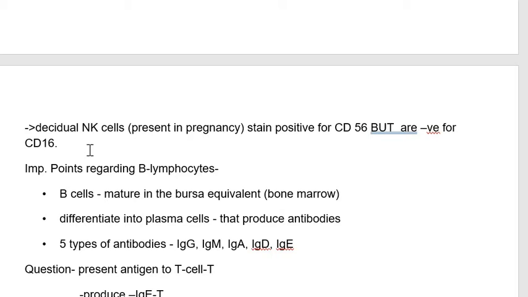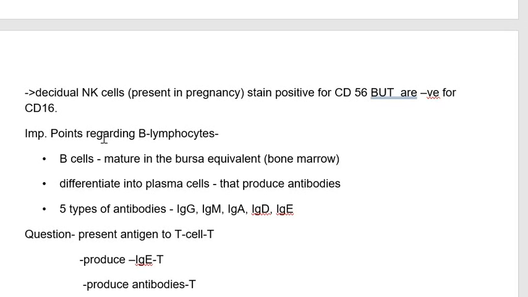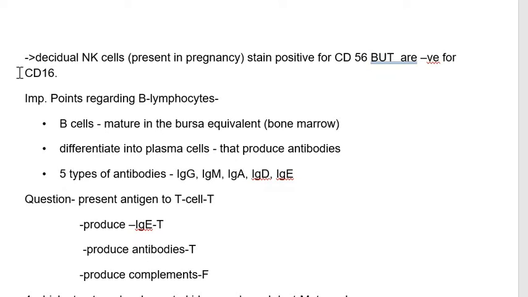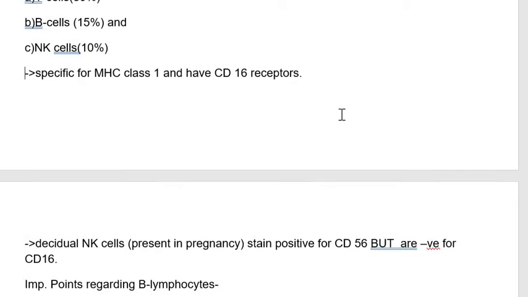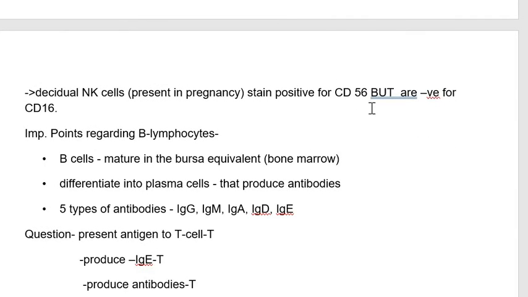And decidual natural killer cells, they are present in pregnancy, and they stain positive for CD56, but they are negative for CD16. So important points, they will give you either CD16 or these numbers, and you will have to identify them. Which one is more specific for CD16 and which one is more specific for CD56. They can be detected by these CDs.